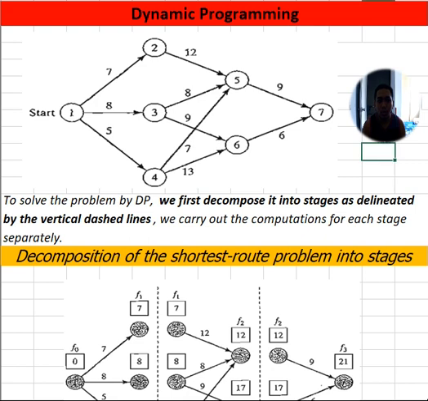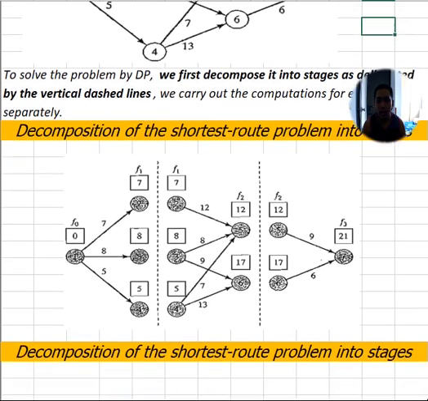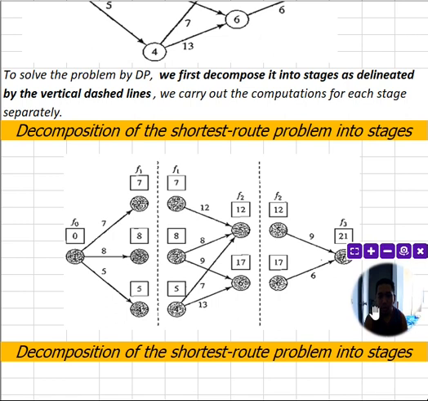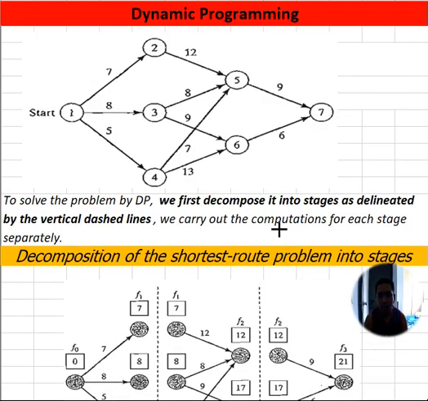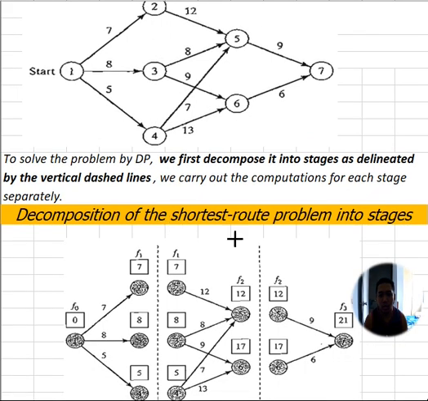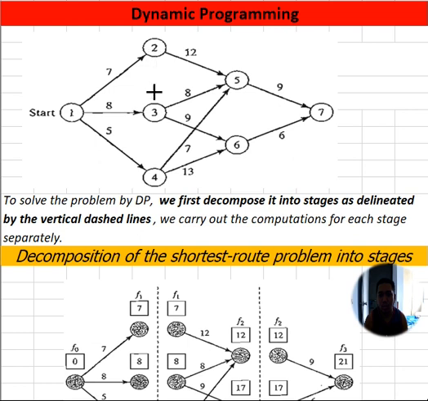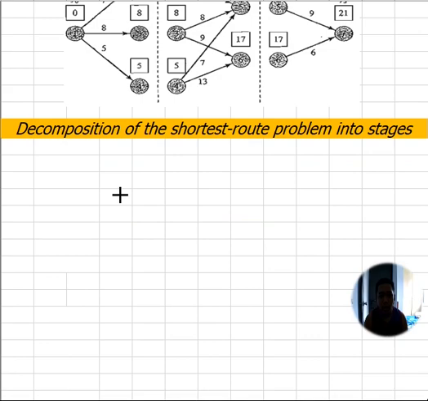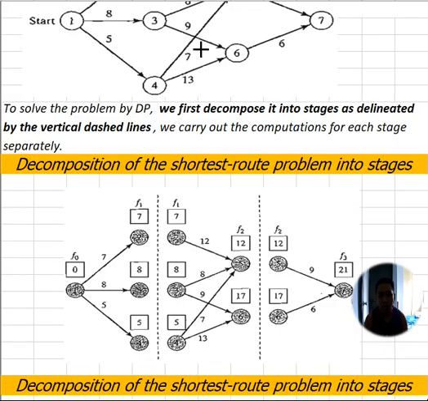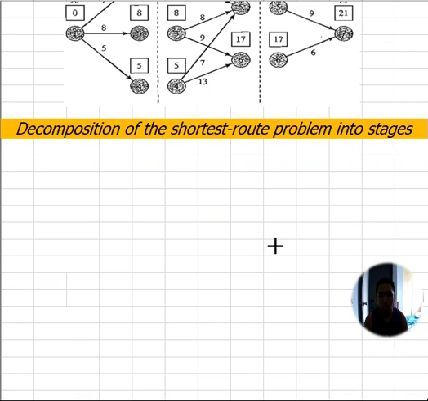From this problem, we could decompose it or divide the network into several stages so we can solve it as a step-by-step process. Always remember that the divisions are usually at the intersection points. That's where the divisions usually happen. Let's solve this problem using decomposition so we don't get confused.